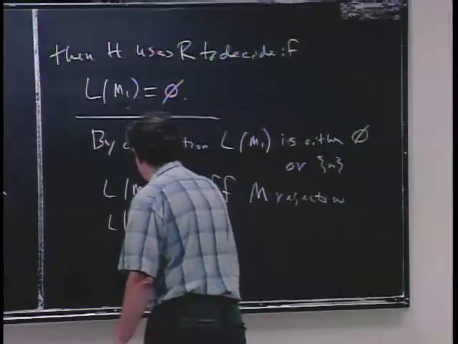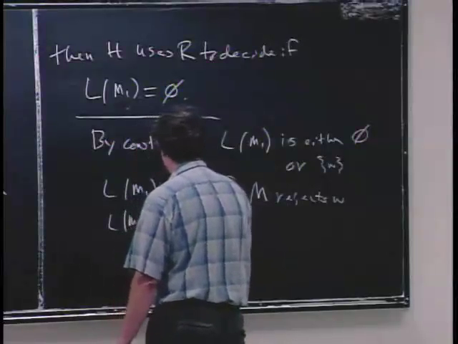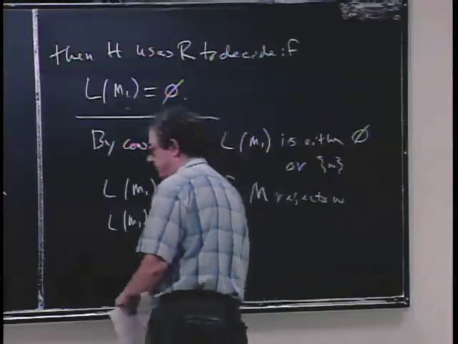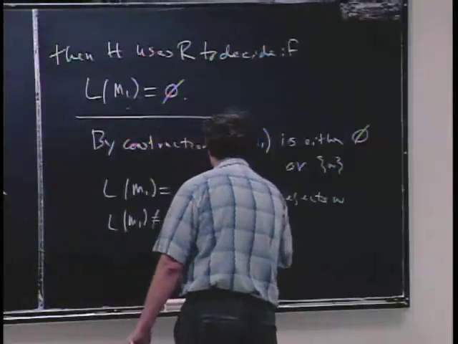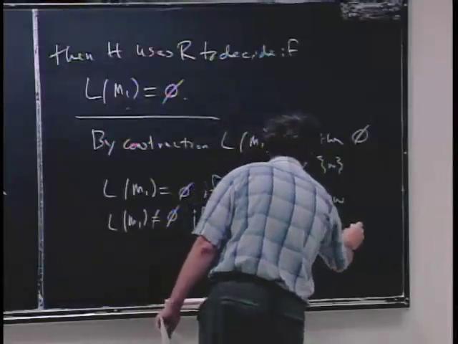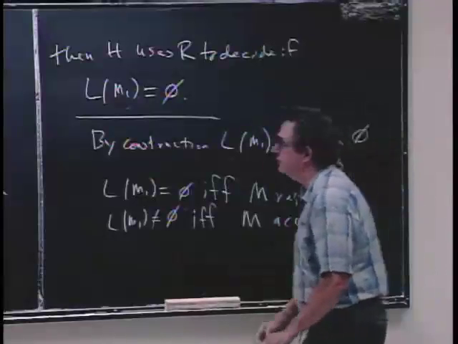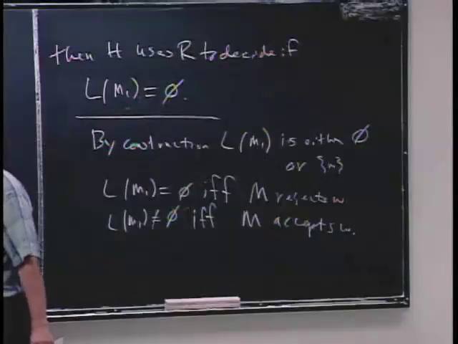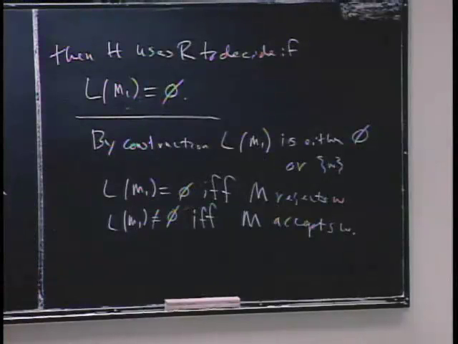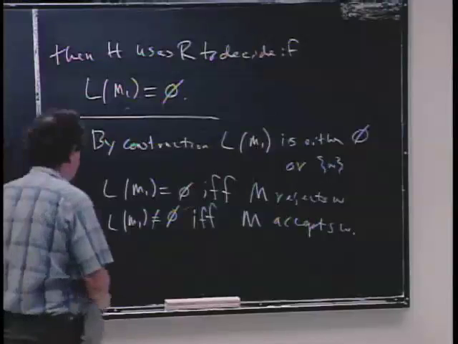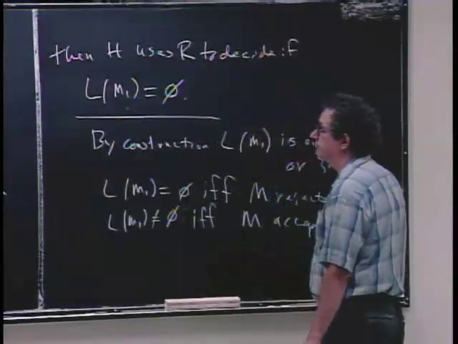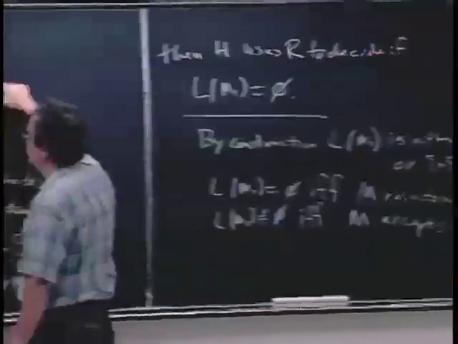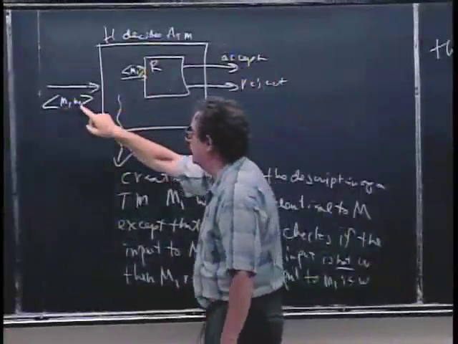And L(M1) is not empty if and only if M accepts W. So if we have this Turing machine R that can decide whether the language of another Turing machine is empty or not, when H cooks up this Turing machine M1 and feeds it to R, the result from R, accept or reject, is used to see whether or not M accepts W.